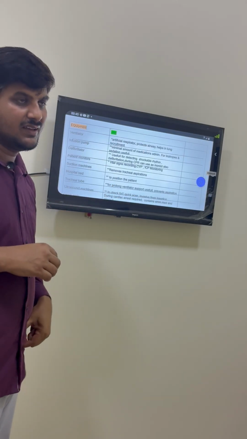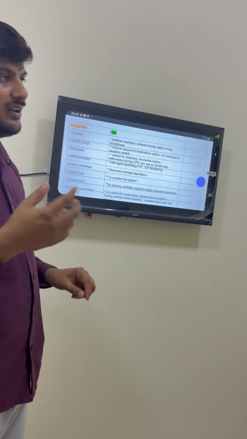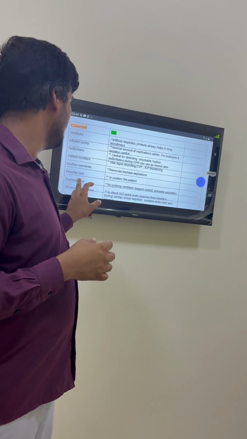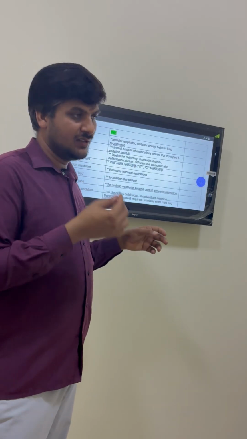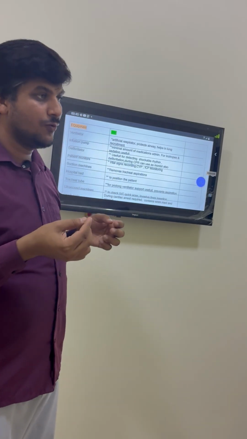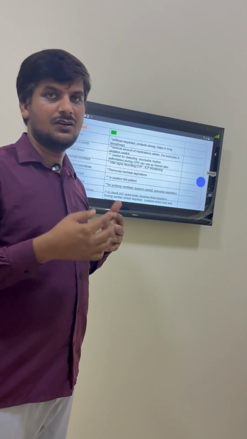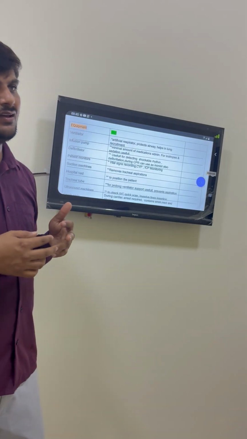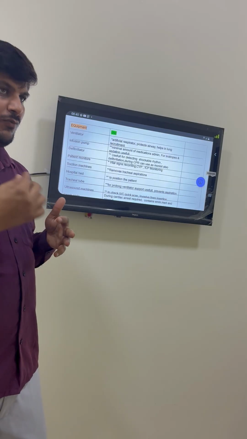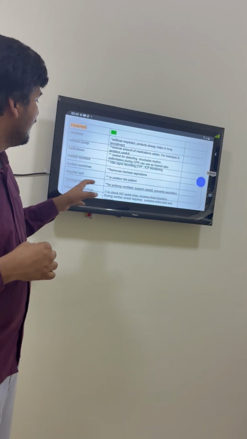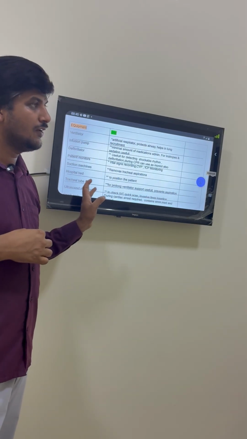Suppose the patient cannot wean off the endotracheal tube or ventilator, then it is useful, because with an endotracheal tube the rate of infection will be high. When the patient requires prolonged ventilation, the doctor will go for tracheal tube introduction.